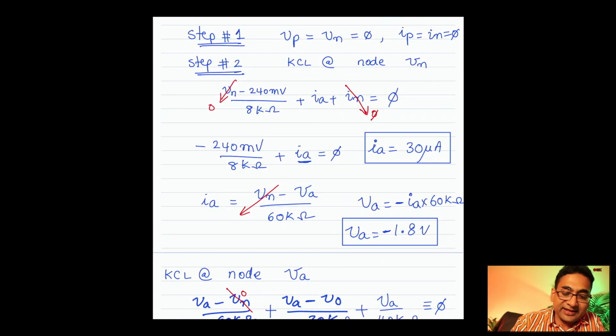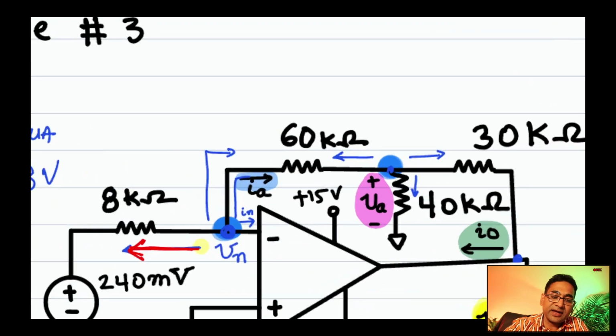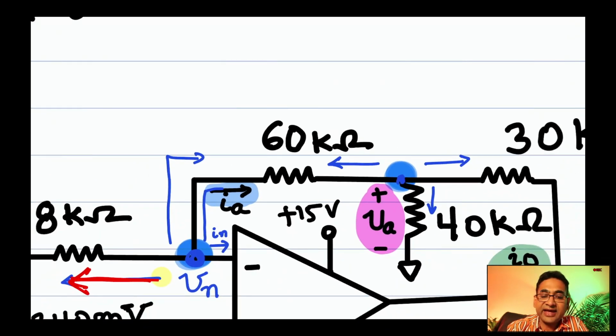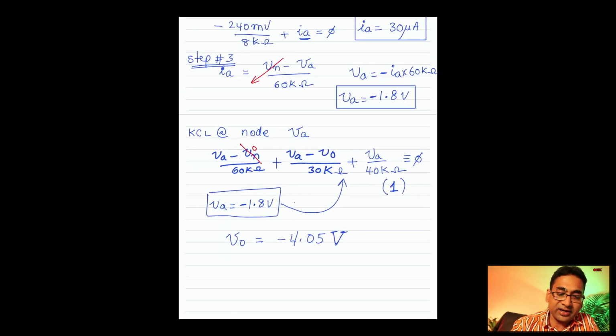Then step number 3 is simply applying the voltage difference divided by the resistance gives you Ia. So the voltage difference Vn minus Va over 60 kilo ohms gives you Ia. But we know the value of Ia, so we calculated that.